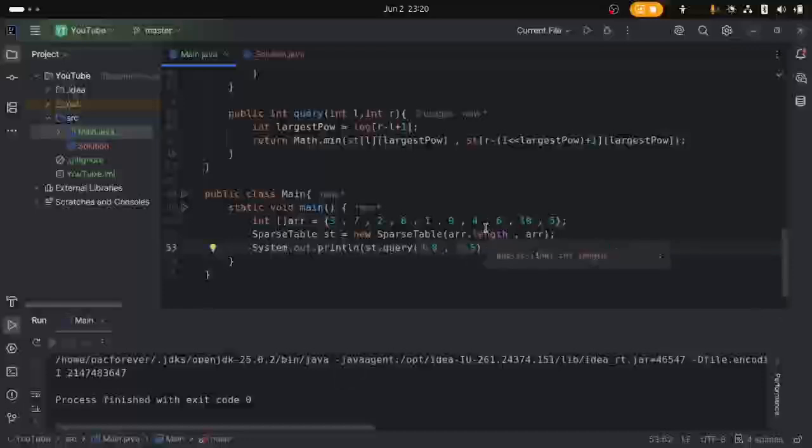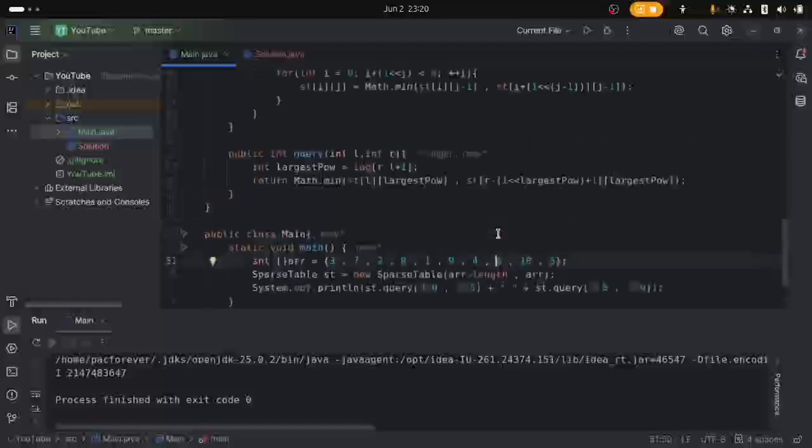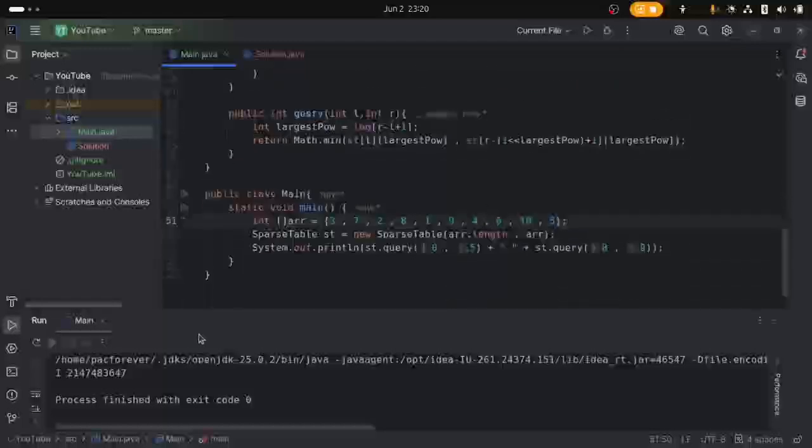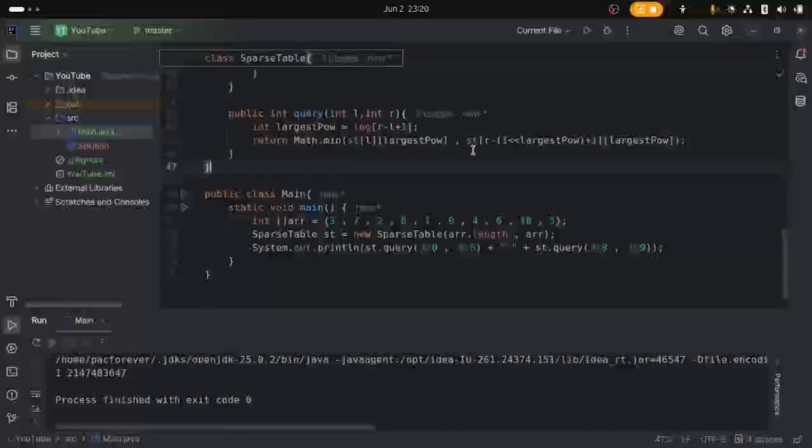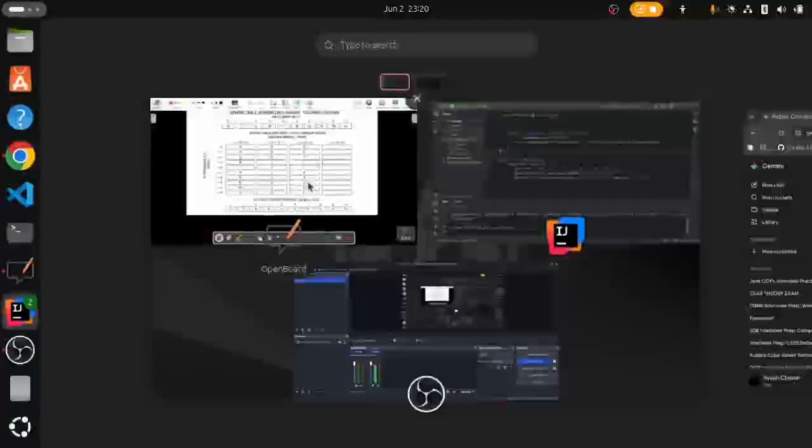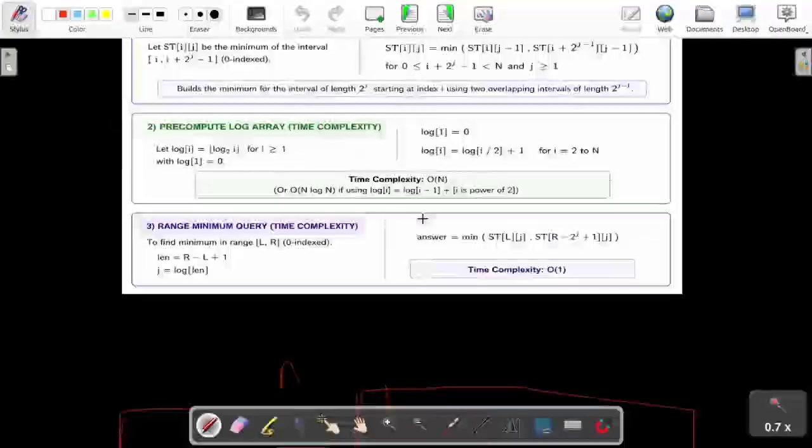Okay, there's something more wrong with this. For 8 comma 9, we are getting... oh, what's wrong in this equation? l, then largest power, st, comma r minus. Everything seems correct. Let me check over here. Even this is correct.